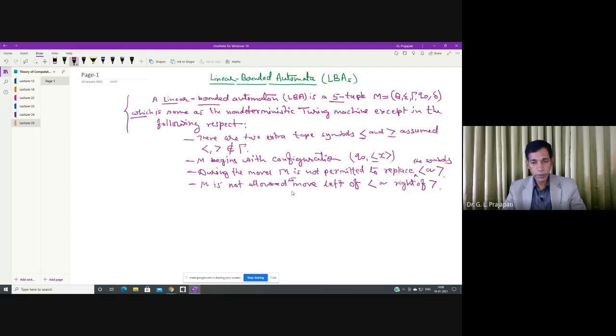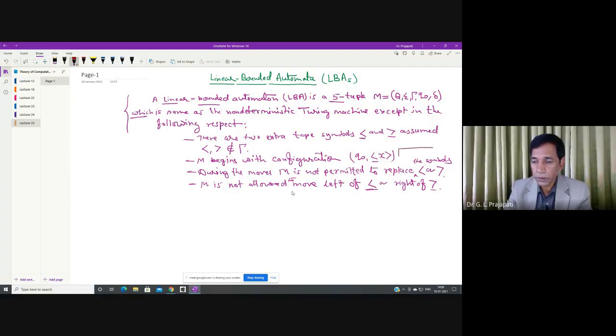M begins with the configuration like Q0, and your tape head is scanning the left angular bracket, immediately after this symbol we have x, and immediately after that we have the right angular bracket. During the moves, M is not permitted to replace these two symbols, and also M is not allowed to move left of the left angular bracket or right of the right angular bracket.